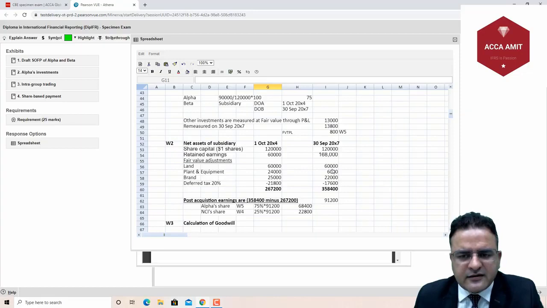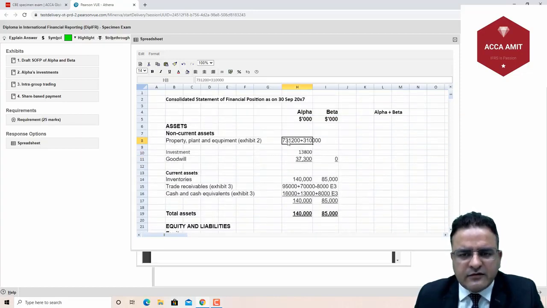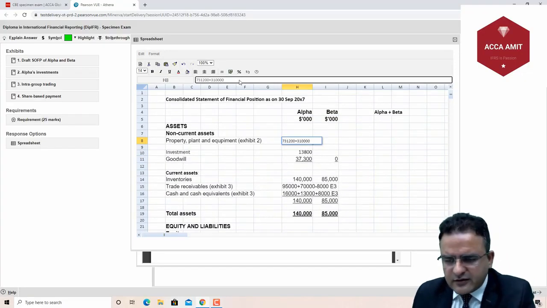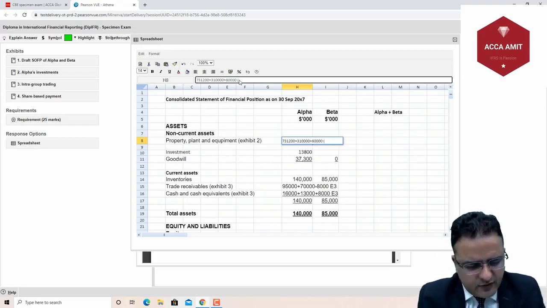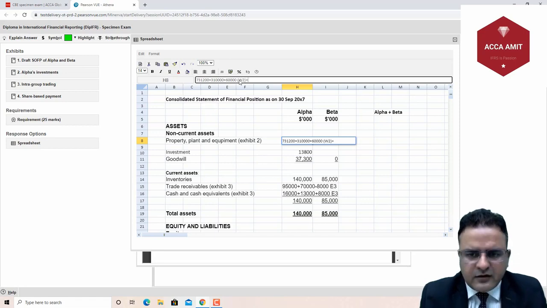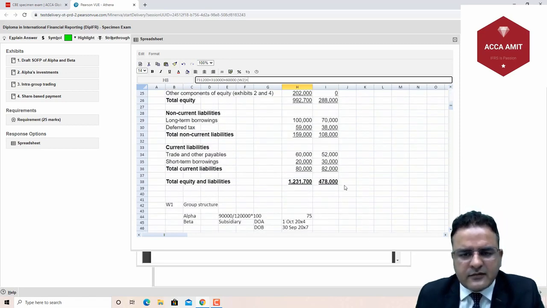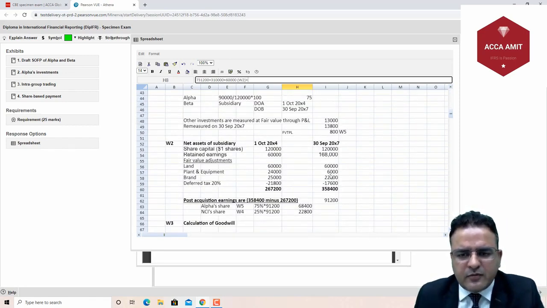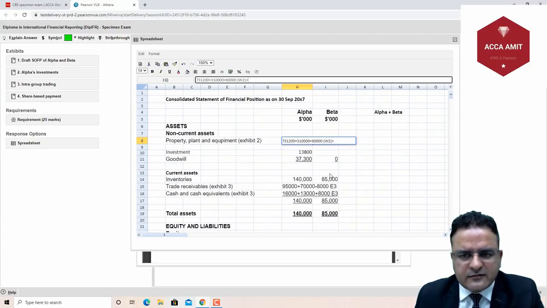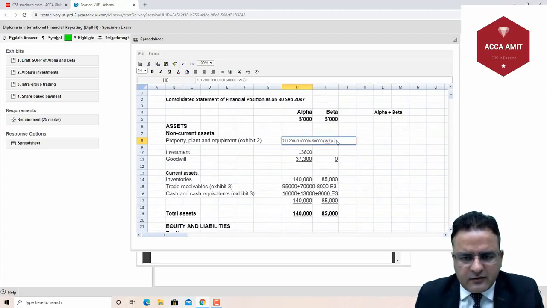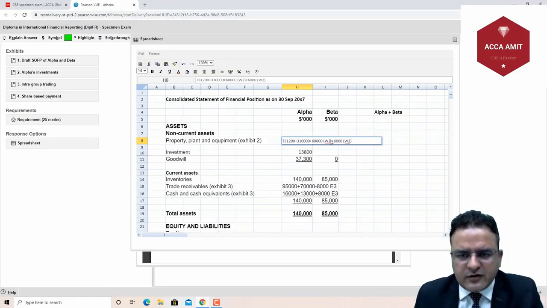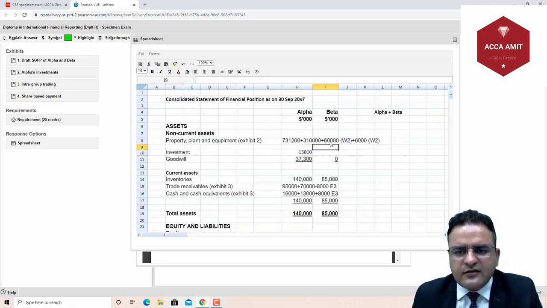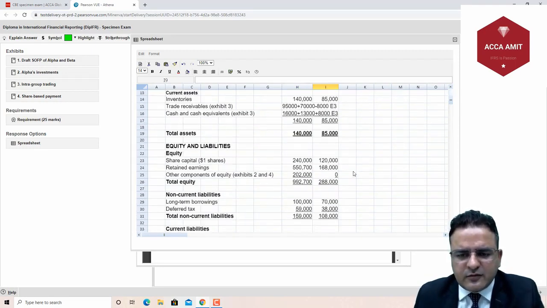Land is added at 60,000. So 731,200 plus 310,000 plus 60,000, and we can mark it as working note number 2, plus plant and equipment as 6,000, plus 6,000 again from working note number 2 as plant and equipment. Now 60,000 is for land, 6,000 is for plant and equipment.